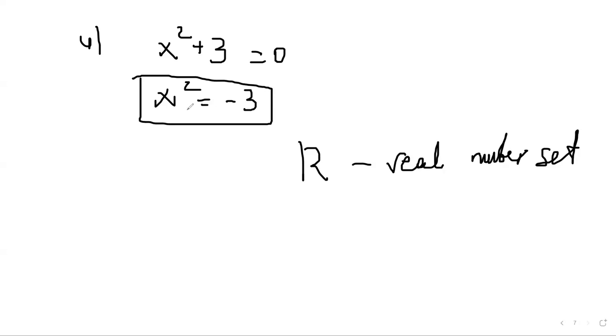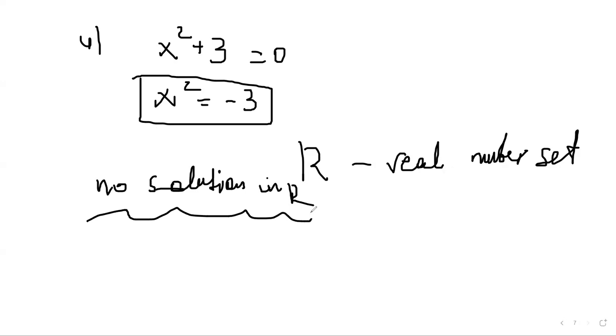So this equation has no solution in the real set. Some people say in this case we write the empty set. So the set of solutions is empty here. It means that it doesn't have any solution.